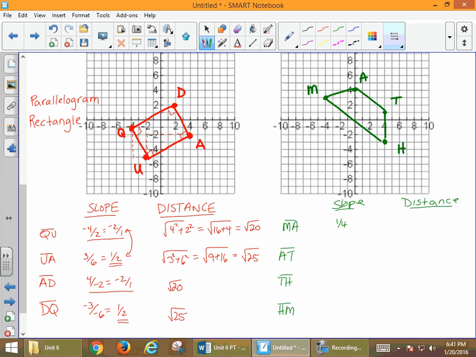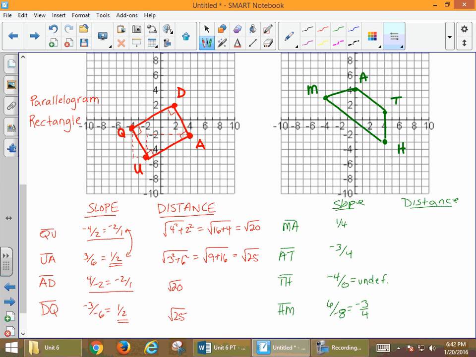From A to T, I go down 3, and I run 4. From T to H, I go down 4, and I run 0. This is actually undefined. And H to M, I go up 6 and left 8. That reduces to -3/4.